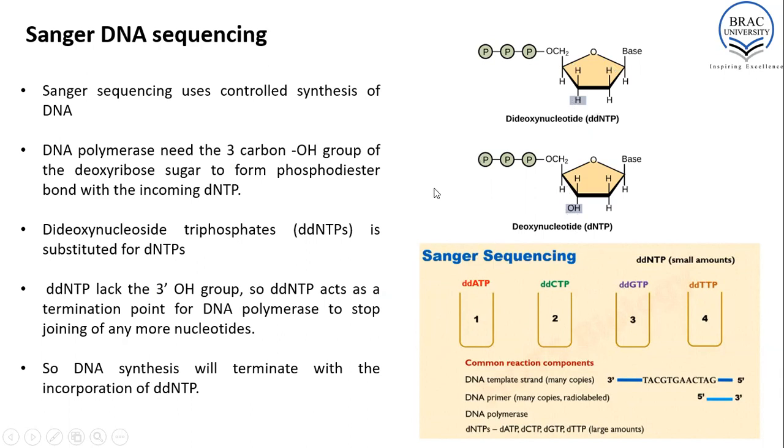So when an incoming nucleotide comes up, there is no 3' hydroxyl group for the DNA polymerase to form the phosphodiester bond with the next nucleotide. As a result, the synthesis of the DNA fragment is stopped. This is the mechanism used in Sanger DNA sequencing.